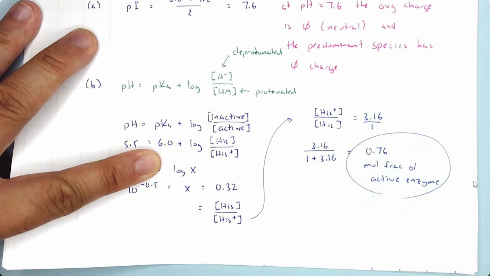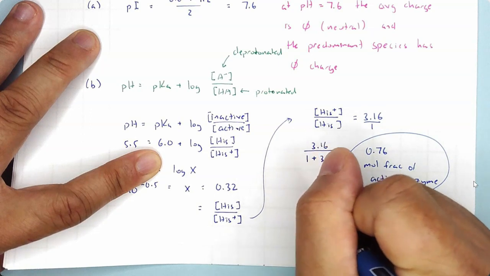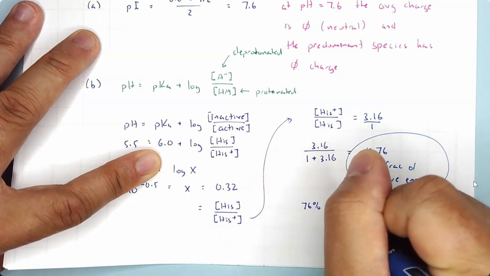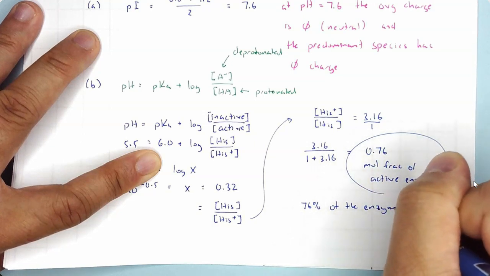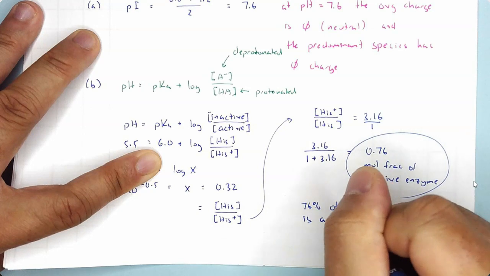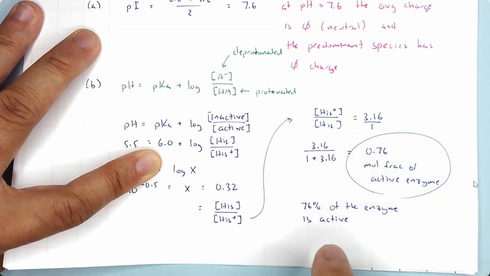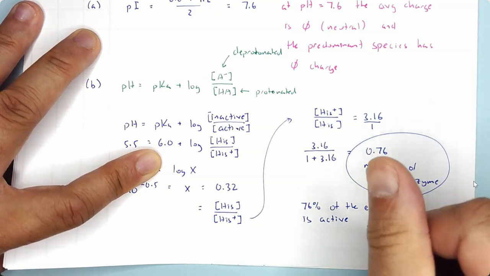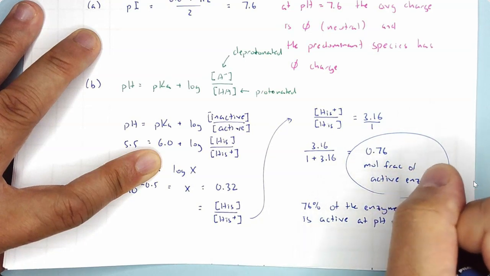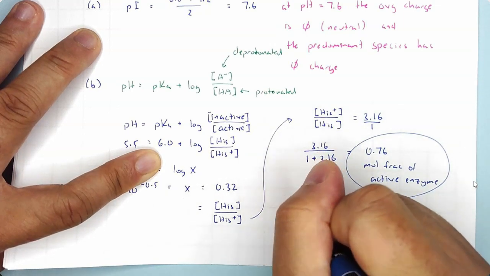Just as an aside, we could convert this into a percentage, and literally you could say 76% of the enzyme is active. I kind of like thinking about these as percentages. 76%, sorry, of the enzyme is active. Right? At pH 5.5. So that's another conclusion. You know this symbol, therefore, that.